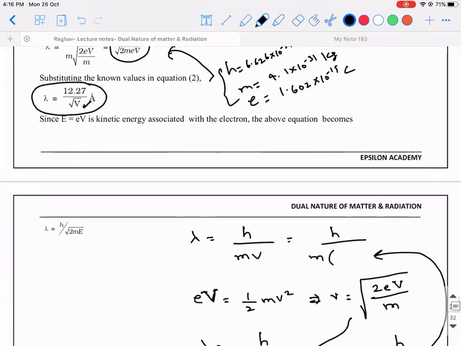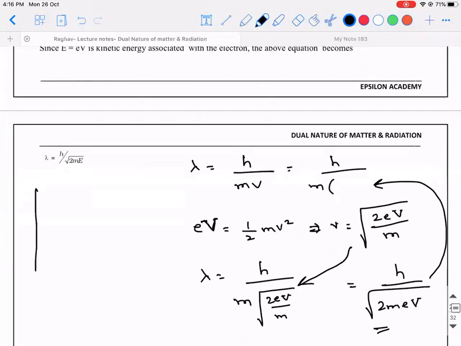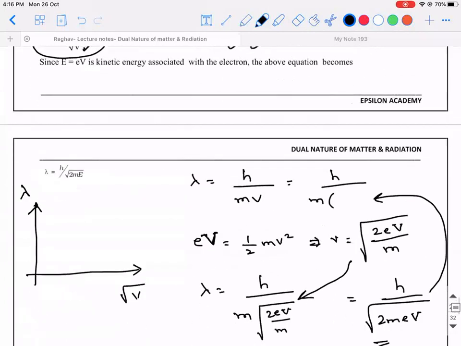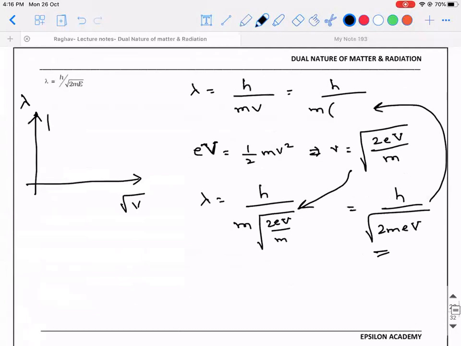So one point which is not here, but they will sometimes ask you, is the graph between lambda and root V. If you observe, lambda is inversely proportional to root V. So the graph will be a rectangular hyperbola like this.